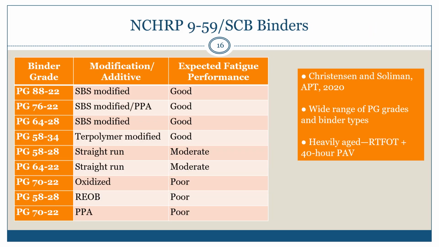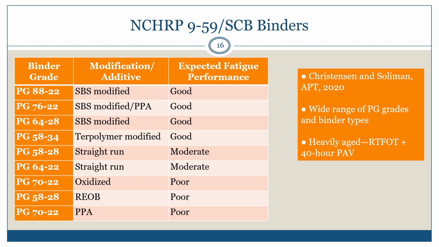We're going to move on now to the SCB test and NCHRP 959. This slide summarizes the properties of the binders we used in NCHRP 959 and in that related SCB research. We had a pretty wide range of binders, some of them polymer modified, some of them not. The ones that were polymer modified used a variety of modifiers.